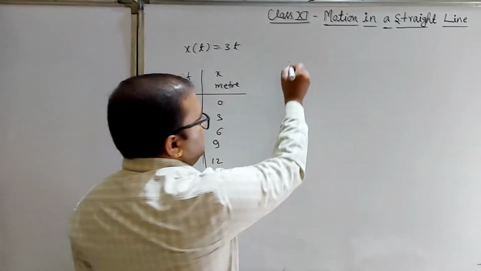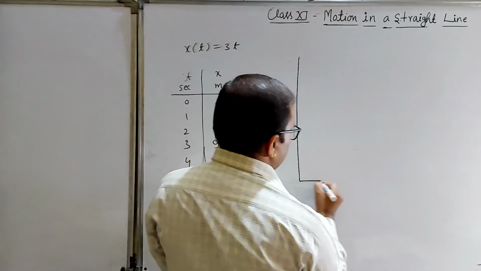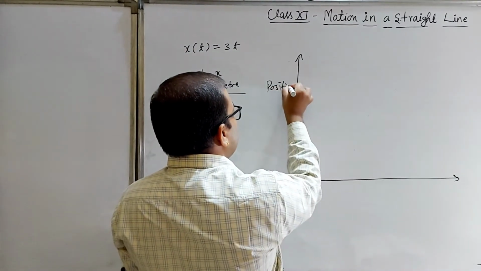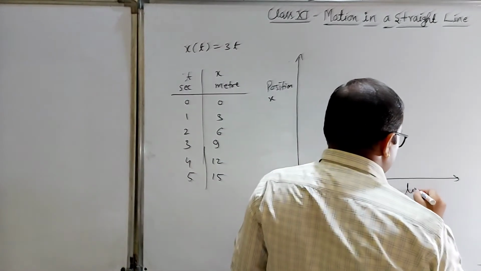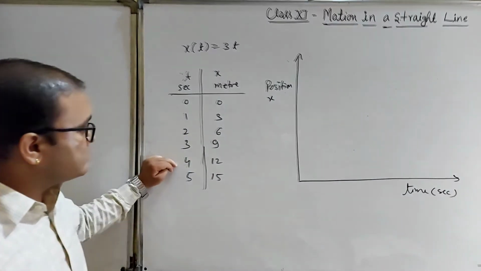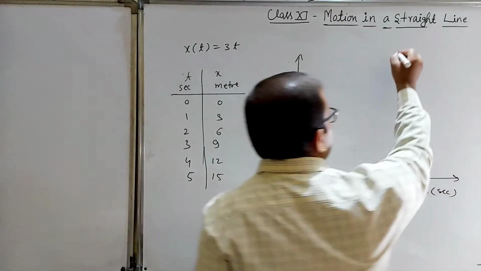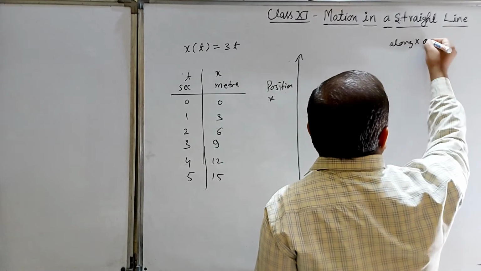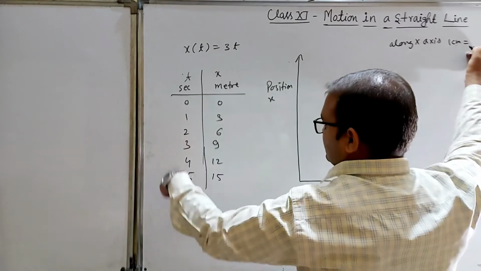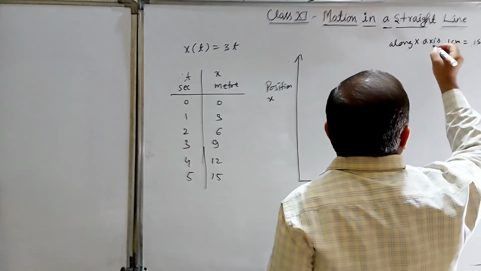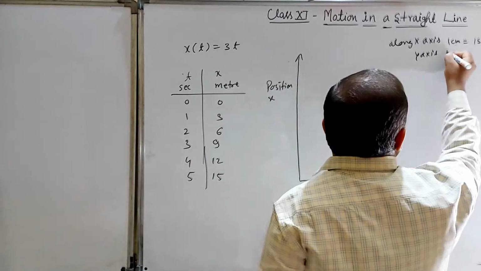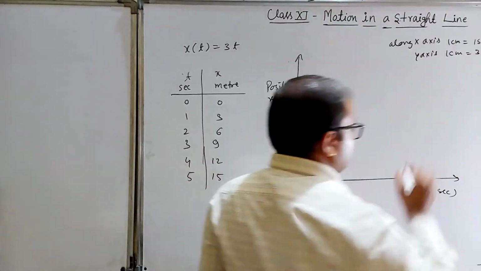Now we are plotting the position-time graph. On the y-axis we take position x, and on the x-axis we take time in second. Scale is very important in a graph. Suppose 1 centimeter on graph paper along the x-axis equals 1 second. On the y-axis we will take 1 centimeter equal to 3 meter. This is the scale.